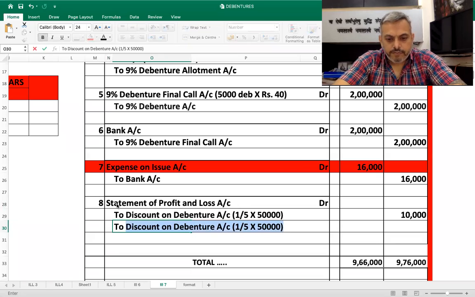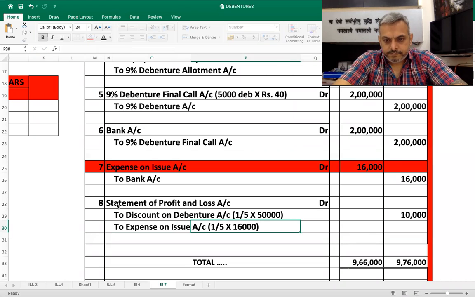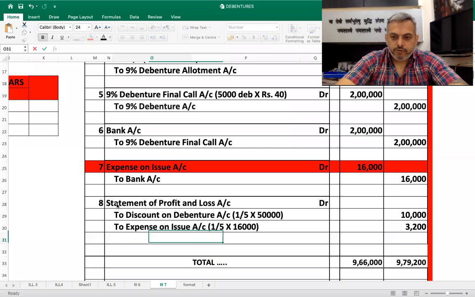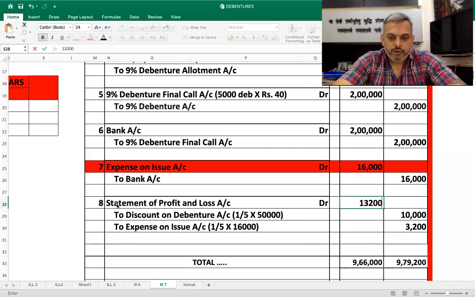And to expense on issue, 1/5 into 16,000, 3,200. So total comes to 13,200.